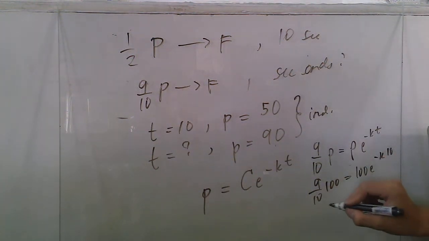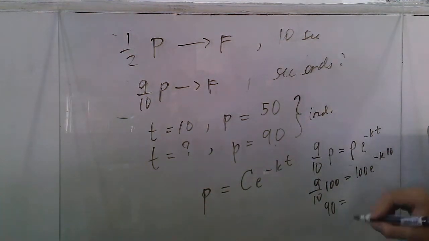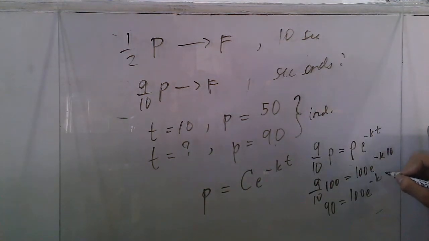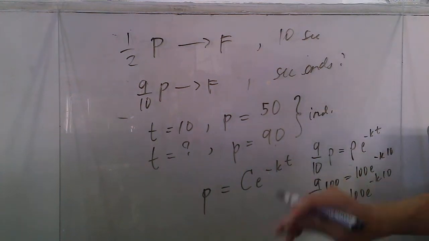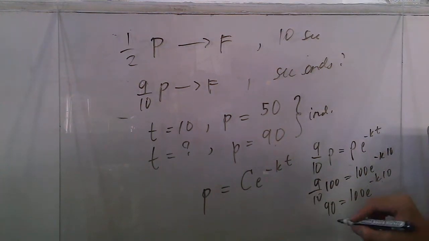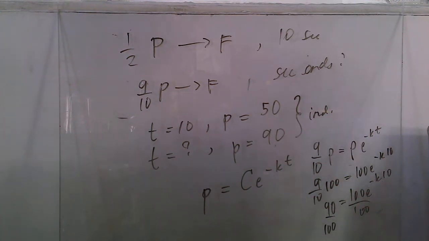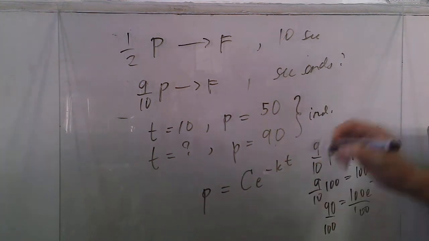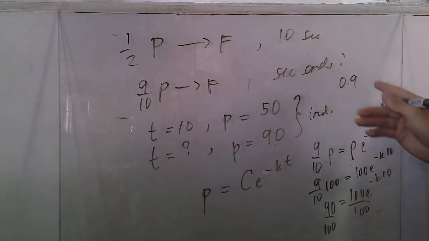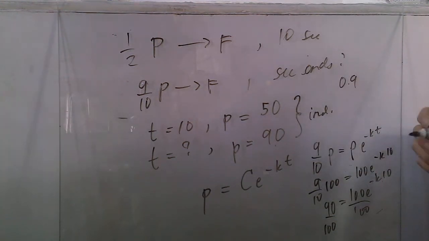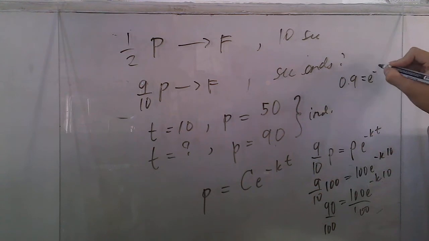So we take 90 equals 100 e to the negative k times 10, and divide both sides by 100. That's 90 over 100, which is still 0.9, equals e to the negative k10.